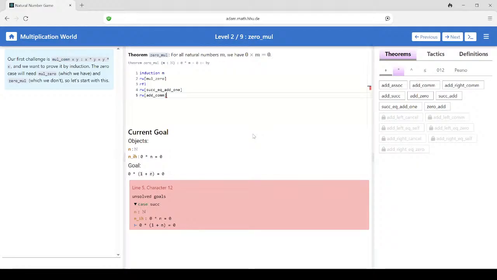Well, how do we do this? I don't think that helps us at all.